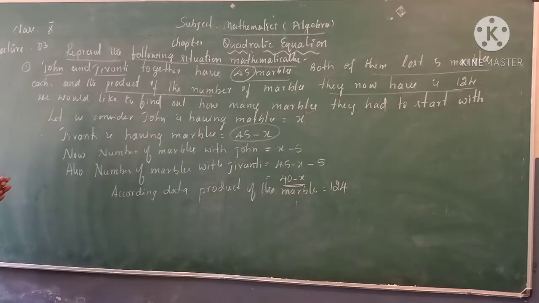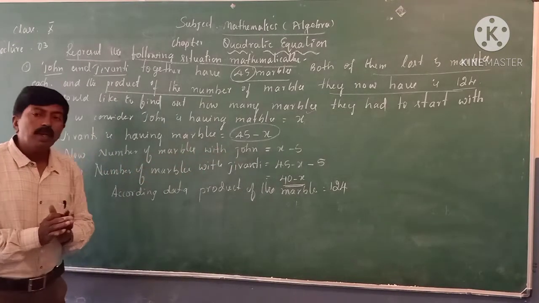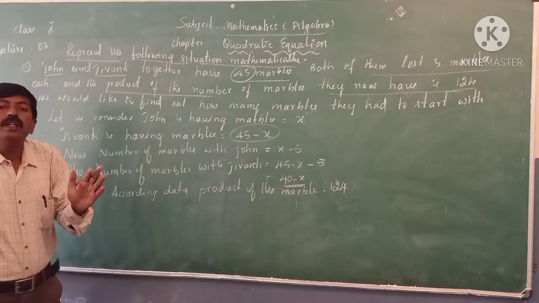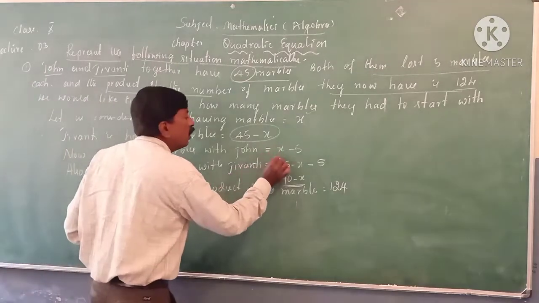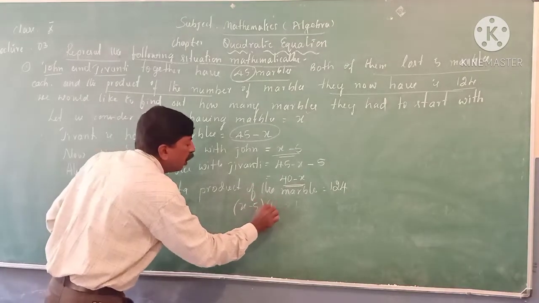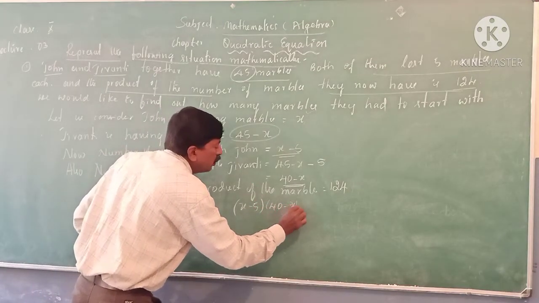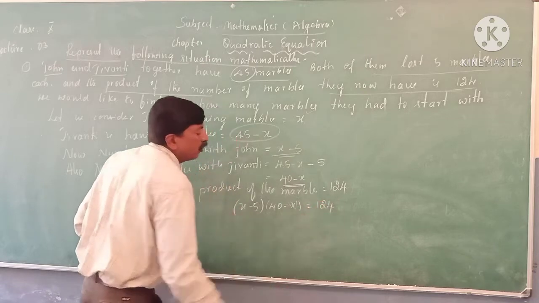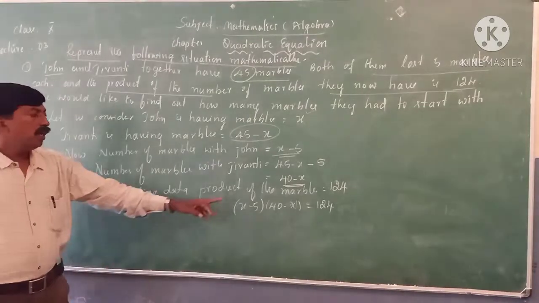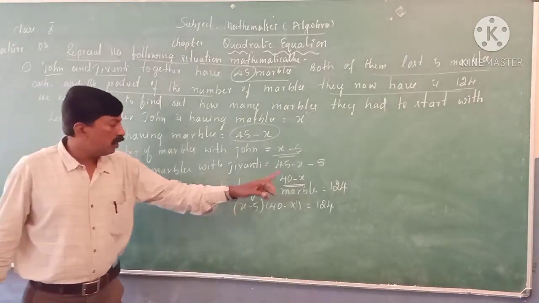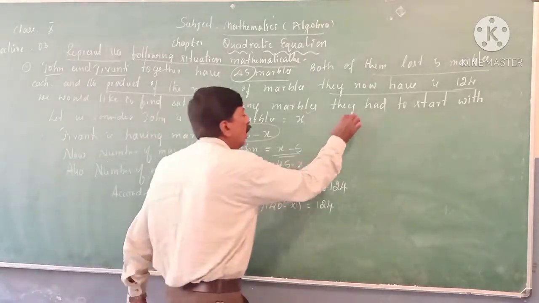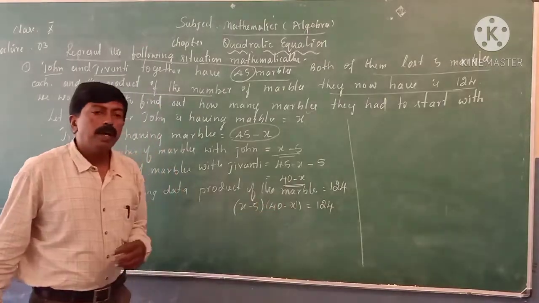Product of the marbles means John's marbles multiplied with Jeevanti's marbles. One is x minus 5, another one is 40 minus x, which is equal to 124. Now, a binomial with a binomial.